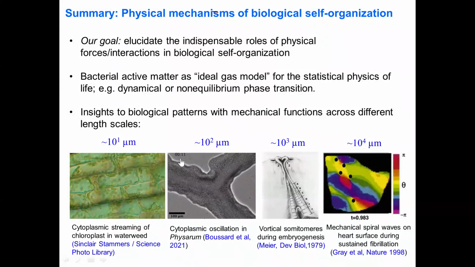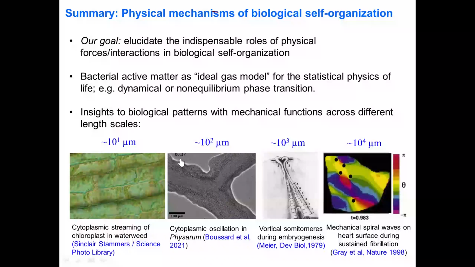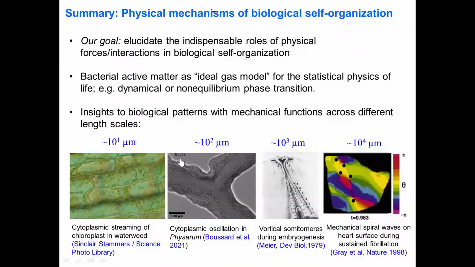And more importantly, we hope this work will help establish bacterial-based living matter as the prototype model to understand the physics of living things, especially for processes related to non-equilibrium phase transition.